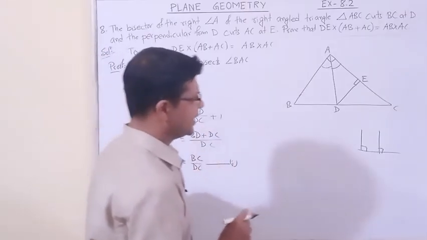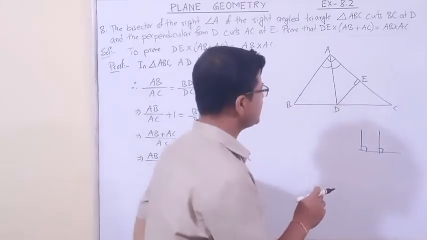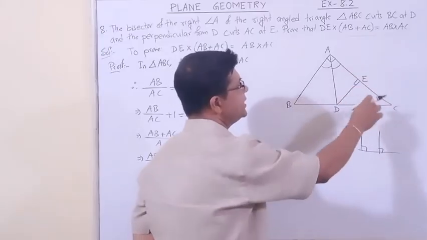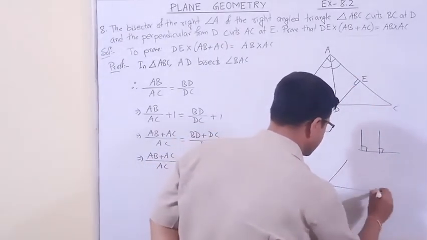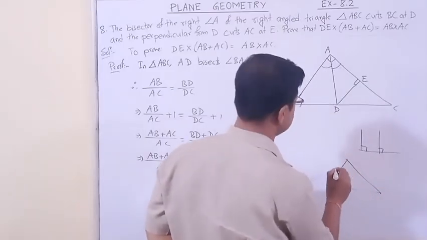You see, directly also we can do, or you can show also that triangle ABC and triangle EDC are similar. Why? Let us turn the triangle so that you can understand. Okay, triangle ABC.